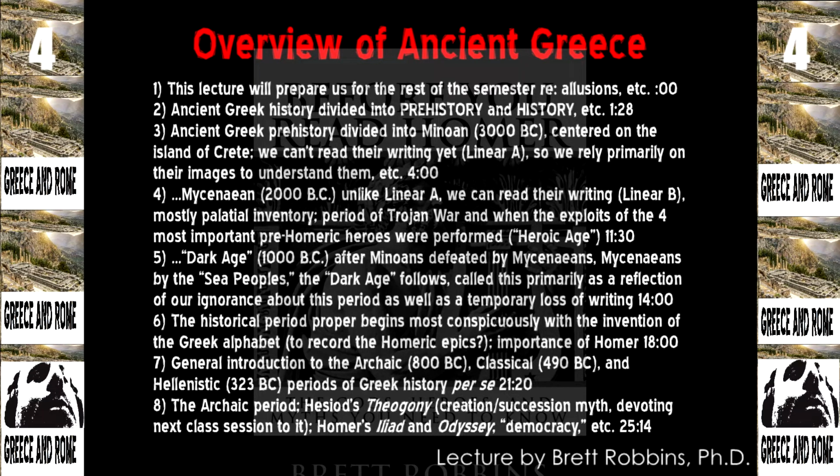Linear A is the script of Minoan civilization, and Linear B of Mycenaean. And we haven't deciphered Linear A yet. Michael Ventris in 1953 deciphered Linear B. What was written, as far as what we have in our possession so far, in Linear B was mainly inventory of palaces.